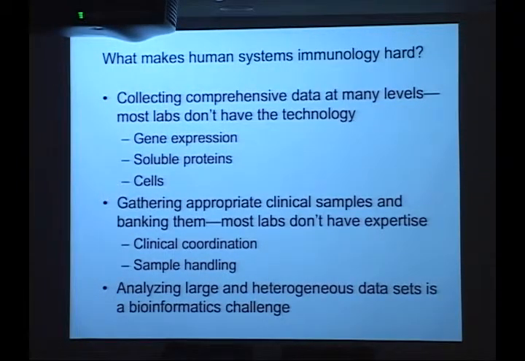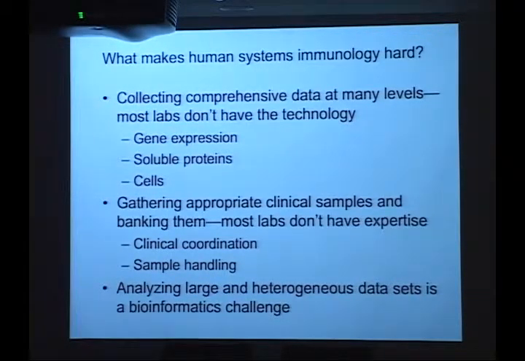And so there's kind of no reason not to use a broader systems approach. But it's not necessarily easy. So the things that make human systems immunology difficult start with the ability to collect comprehensive data at many levels. Even though the technologies are out there, many labs don't have all of these technologies available to them at all of these different levels. And the whole process of getting clinical samples is not easy, right?